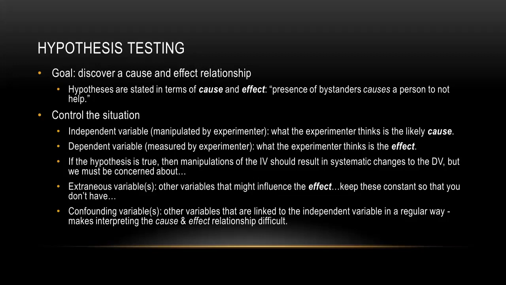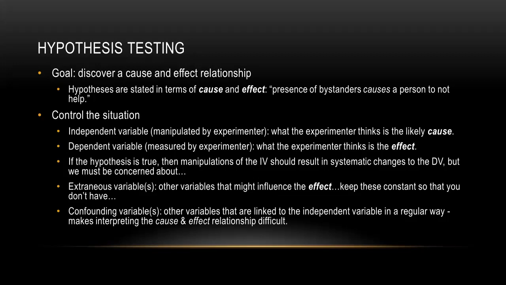And so that's a much more clearly stated prediction in terms of cause and effect: as I increase the number of bystanders, the odds that a single person will offer help in a given situation will decline, right?